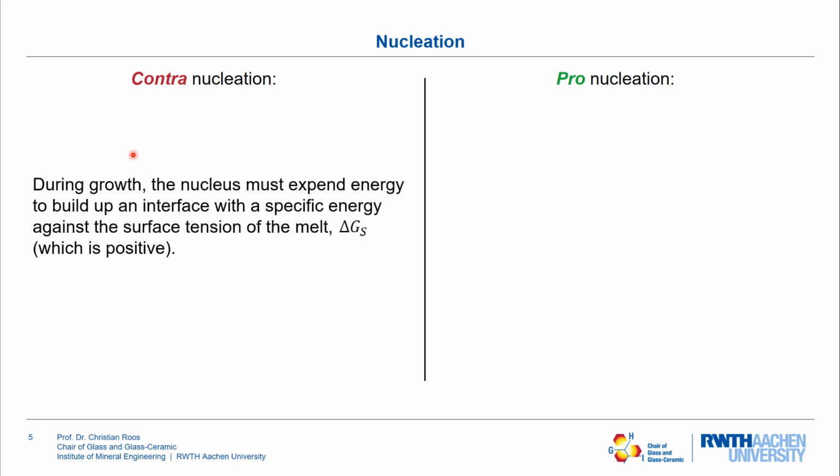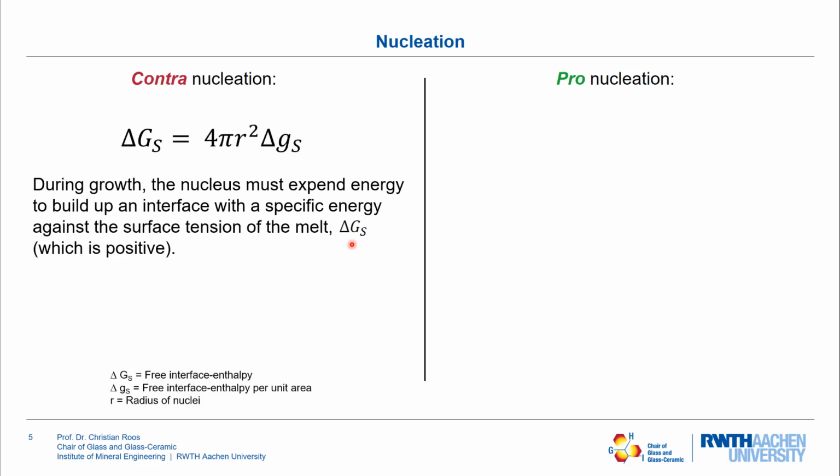Against the nucleation speaks that the nuclei during its growth must use energy to build up an interface against the surface tension of the melt. And this energy can be described as the free energy of the interface per unit area times the surface area of the nuclei.